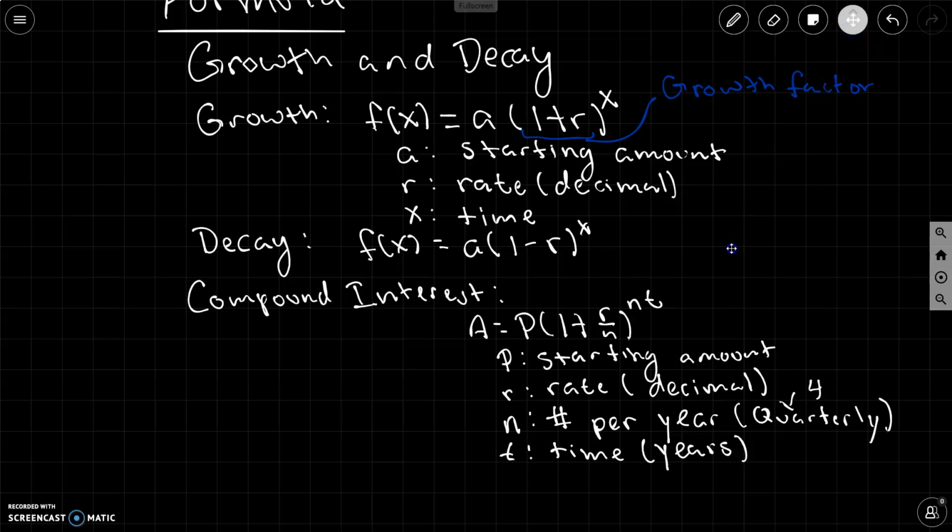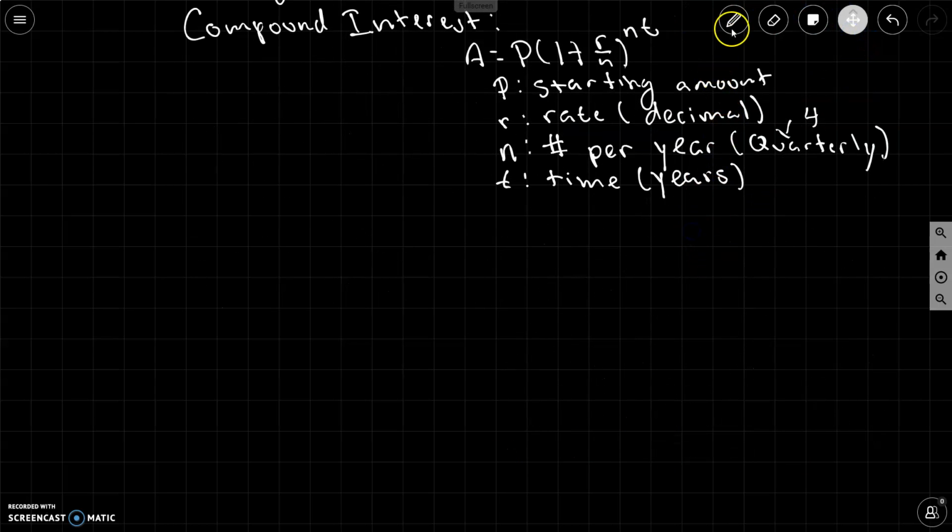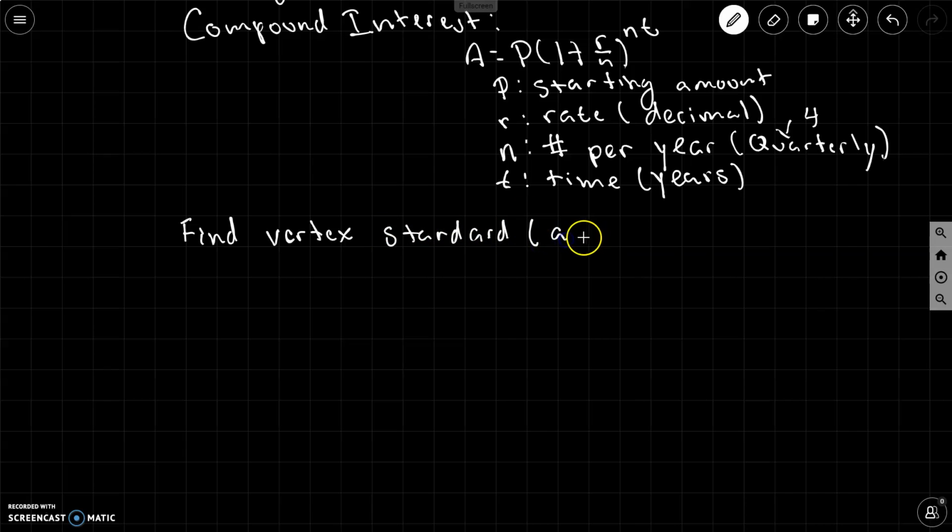Another formula that is more recent that we need to know is finding the vertex in standard form. What I mean by standard form looks something like this: ax squared plus bx plus c. Remember, that is standard form to us. To find the vertex, remember you need to find x equals negative b over 2a.